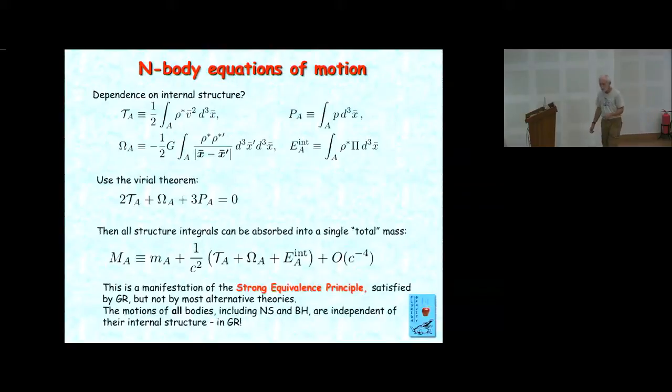And this is a manifestation of what's called the strong equivalence principle. It apparently, as far as we know, is satisfied by GR and only GR. Most alternative theories of gravity violate this principle, including the famous scalar tensor theory of Brans-Dicke and others.